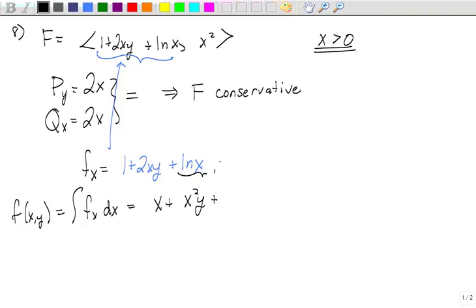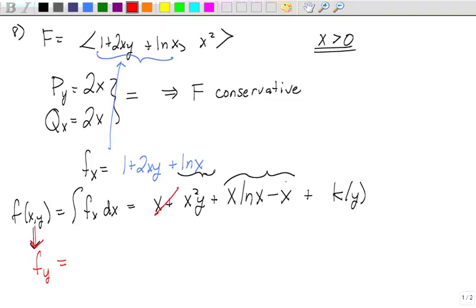I'm just going to look up the integral of ln x in the table. It's that. And then I have a constant with respect to y, because when I take the derivative of that with respect to x, that's just going to be 0. Okay, now I'm going to take the derivative of this with respect to y.